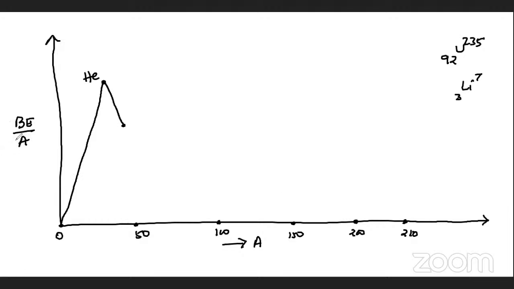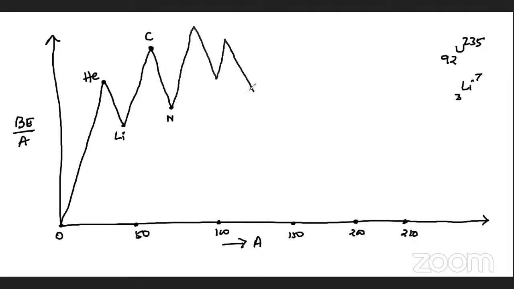That is, as A increases, the binding energy will decrease. So it is for lithium, and for carbon it will increase, and for nitrogen it decreases. Like this: increases, decreases, increases, decreases.